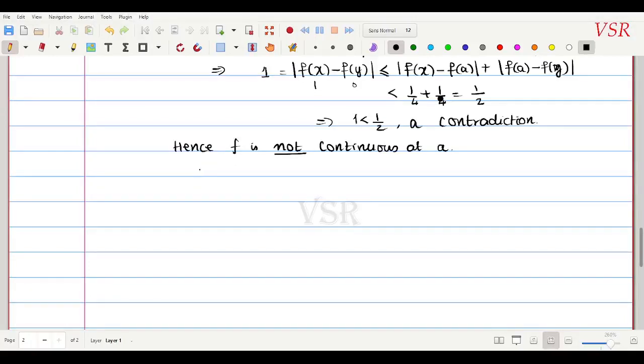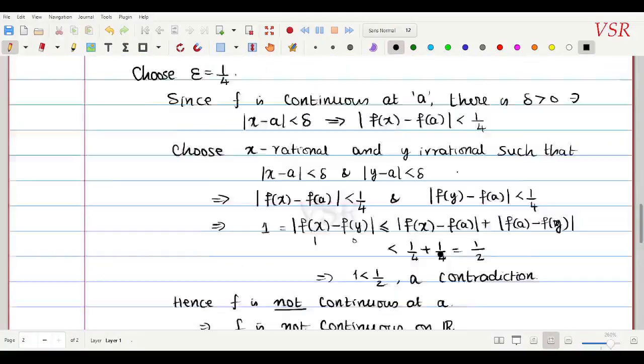This implies that f is not continuous on R. So with respect to the first characterization, I have proved it easily.